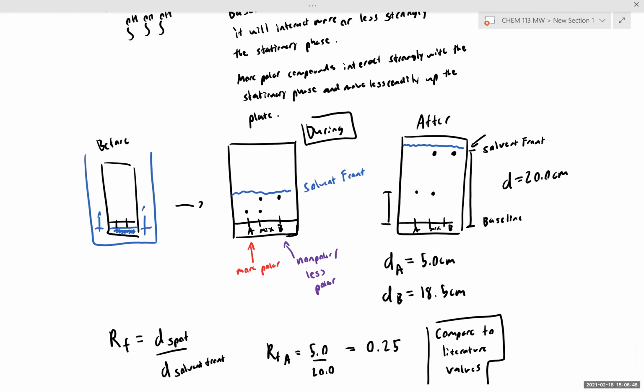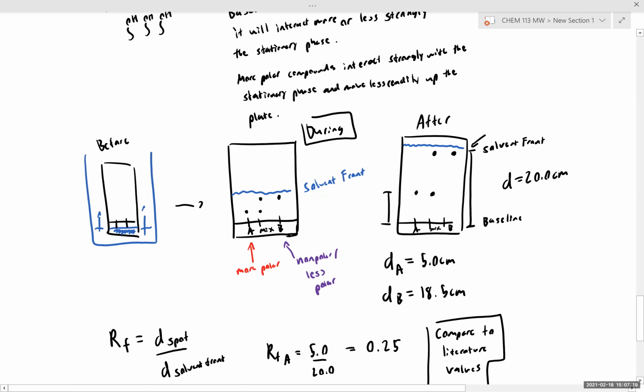So if we took snapshots before, during, and after, so if we separated a mixture of two components, A and B, and we ran A and B up the plate. If A is more polar, it will move less readily up the plate compared to non-polar compounds such as B. At the end of our separation, we'll have a series of spots.